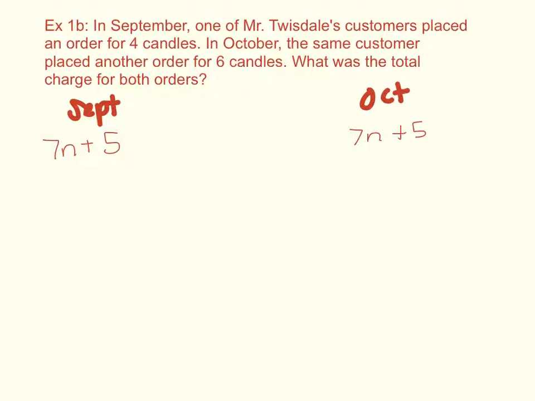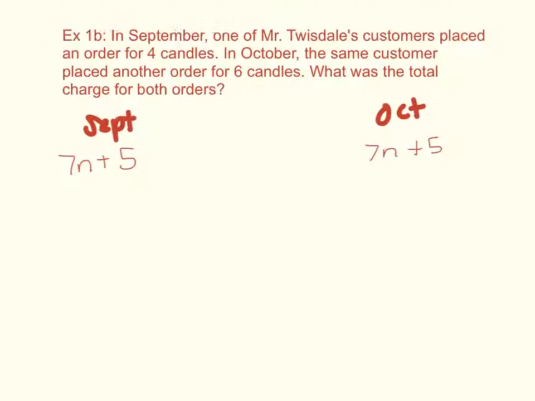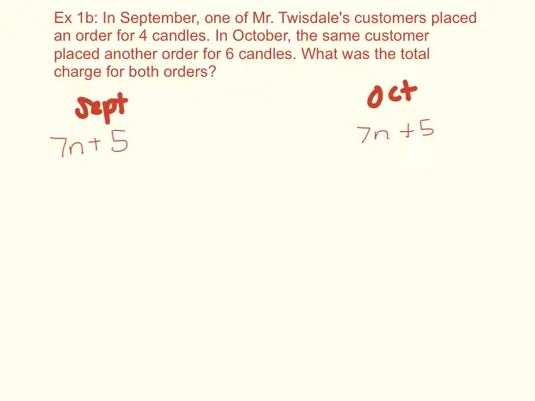Sorry, for some reason let's see if I can make this appear again. Okay, what was the total charge for both orders? That's the question we're looking for. So let's take a look. We need to break this down. In September, they ordered a certain amount.